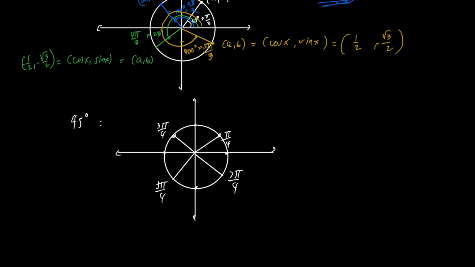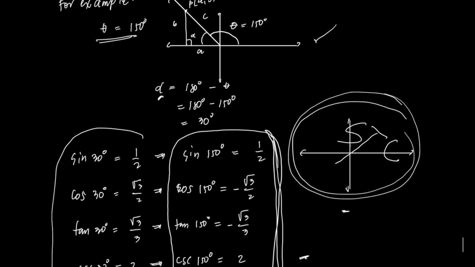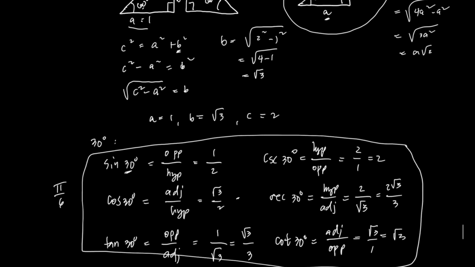So our point there, the points are again AB, which is cosine x, sine x, and cosine 45 degrees from our previous lesson.